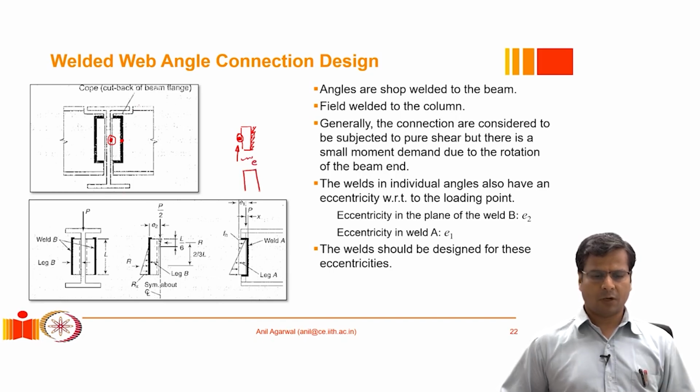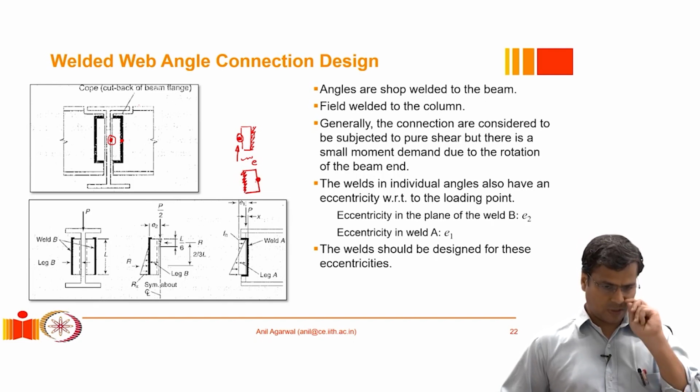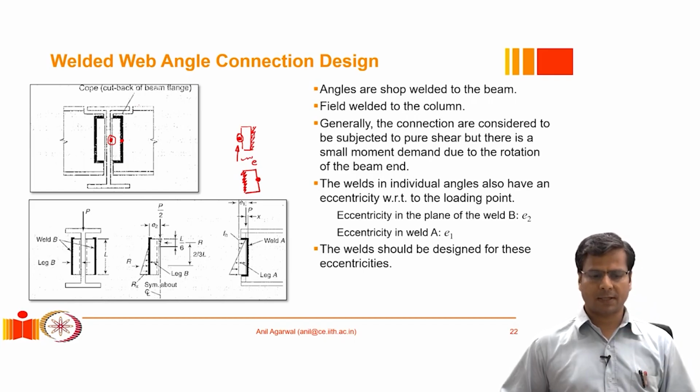Similarly, when we want to design the weld on the left hand side, we have to make some assumption about what is happening in the weld on the right hand side. And if we assume that this is behaving as if it does not have any flexural stiffness, that means it is a pinned connection, then we would be applying a force V here, and in between we will have a lever arm.